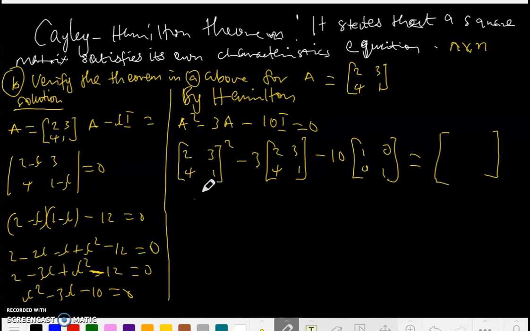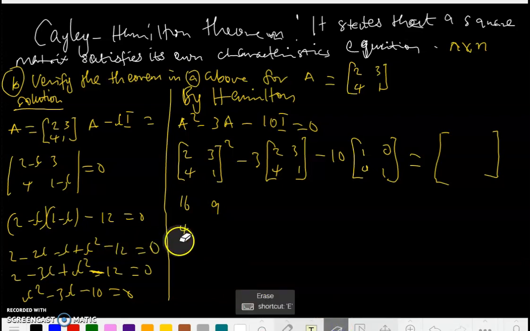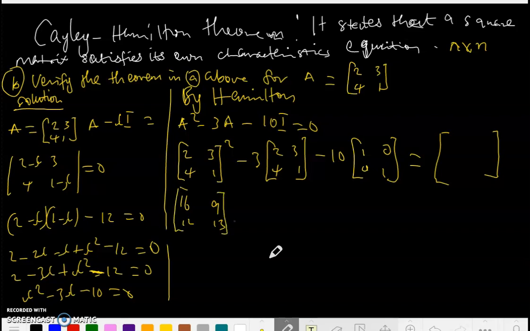When we square this matrix, we get 16, 9, 12, 13. Hmm, so this is what we get for A squared.